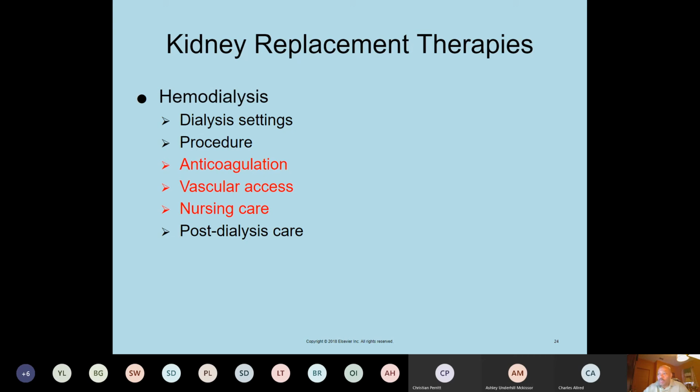Other complications to watch for are hypotension and a condition called dialysis disequilibrium syndrome. These patients may also develop cardiac events and also reactions to the dialyzer. As far as signs and symptoms of dialysis disequilibrium syndrome are concerned, these patients will develop nausea, vomiting, headache, fatigue, and also restlessness.